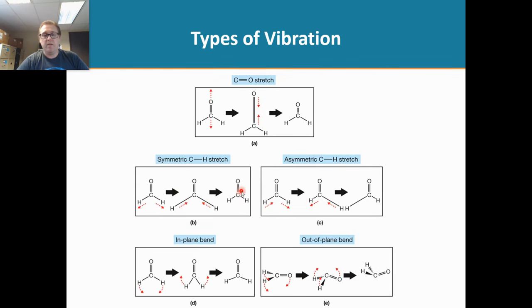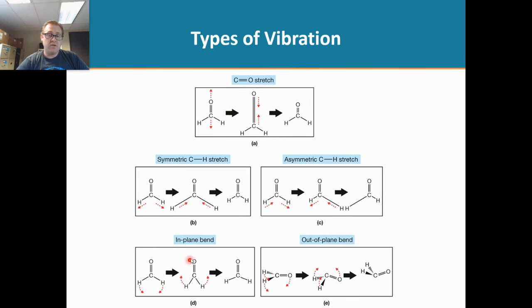So when that happens symmetrically, those stretches occur at the same time. Okay. And in the same direction. The asymmetrical stretch you can see in this diagram. One bond is compressed, whereas the other bond is stretched out. And so you get something that looks like this in the middle, and then the other version on the right. So those are stretches.